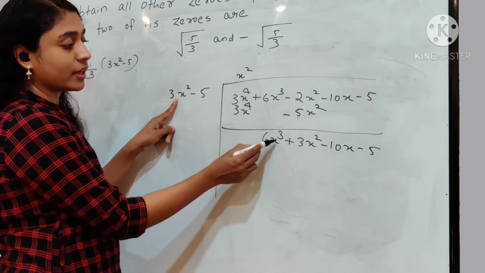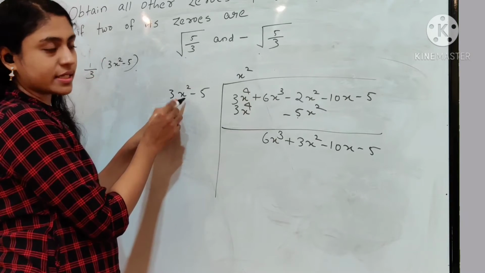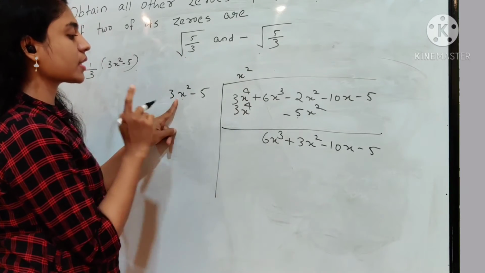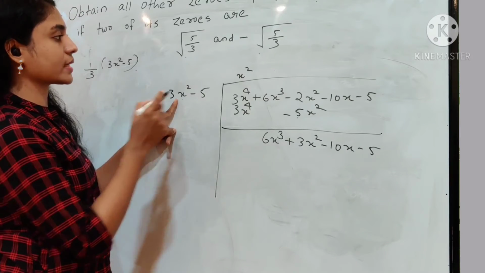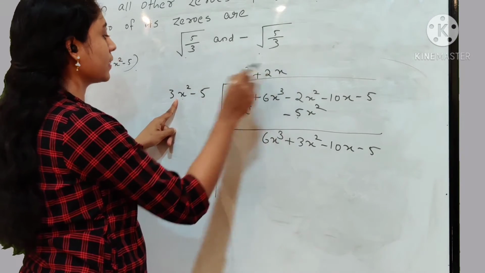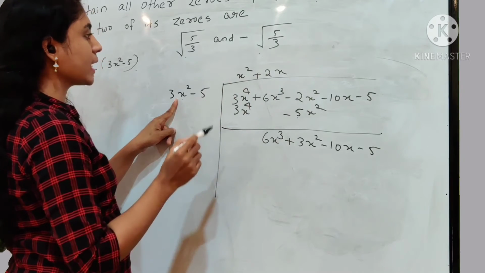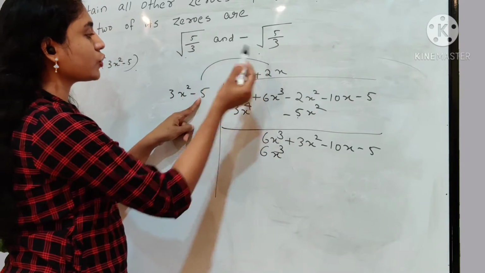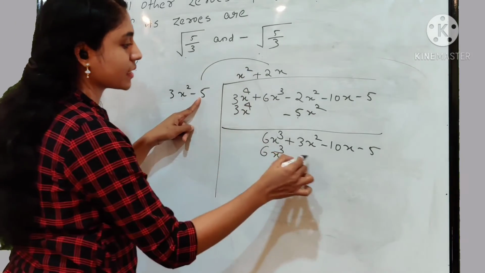Again here the degree is higher than that of the divisor, so we can perform the division. 3x square into 2x is 6x cube. Then minus 5 into 2x is minus 10x.